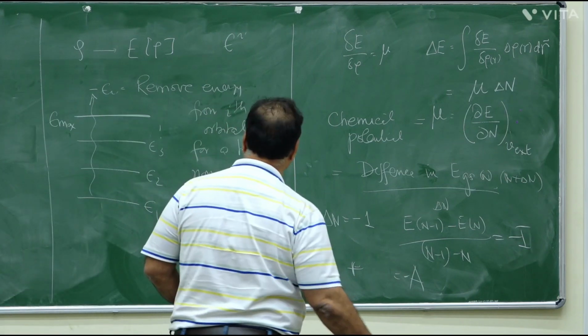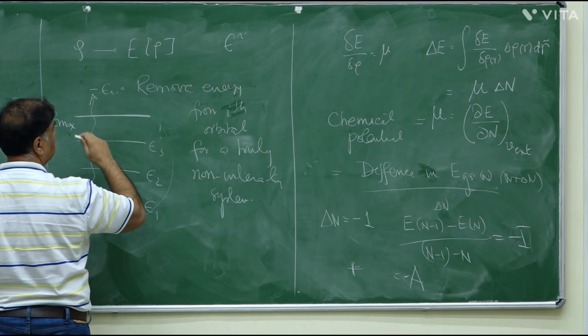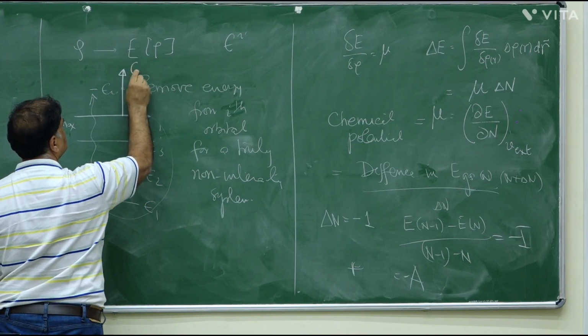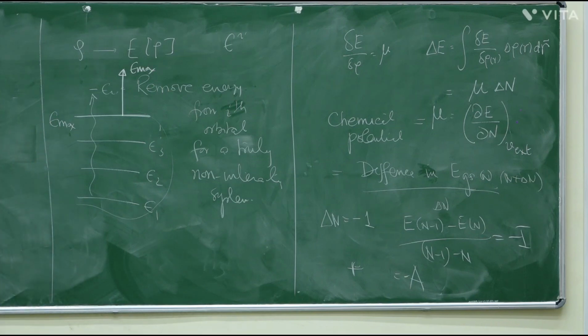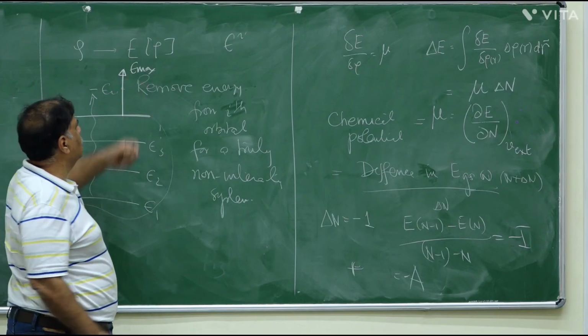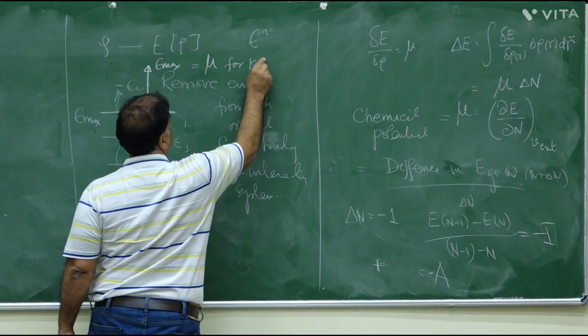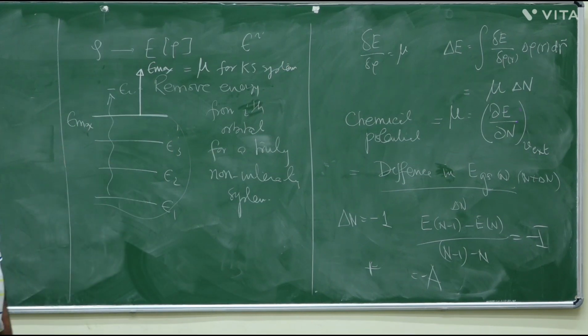In the same manner, and I'll give you this more rigorously, if you look at the virtual system, the minimum energy from the non-interacting system that you require to remove an electron will be epsilon max. You remove it and that's the energy change. This is a non-interacting system, so this is mu for the KS system. Anything else has no meaning. Epsilon max has a meaning as mu.